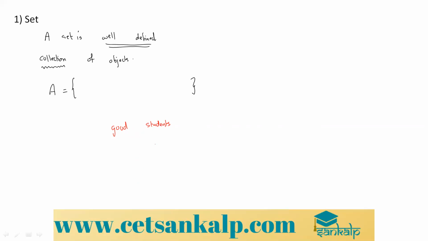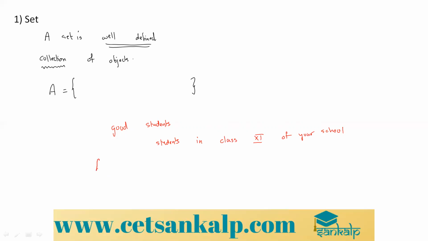So first of all, when I talk about students, I have to tell properly what type of students I want. So I will say students in class 11 of your school. Now I have defined properly.